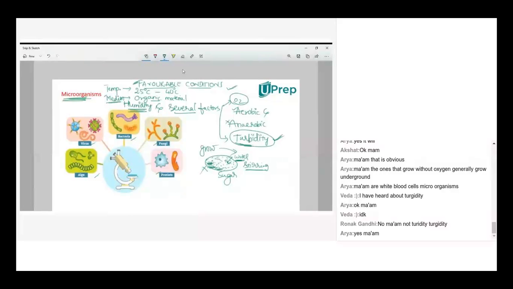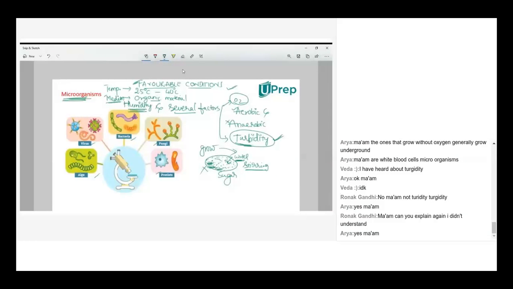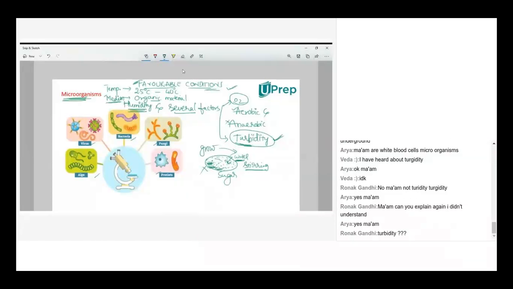The turbidity of the medium is nothing but the organic material which is not useful for the microorganism to grow. So that is another factor which determines the physical condition of microorganisms. So these are various factors which will help microorganisms to grow fast. Remember the word fast. Grow fast means what? They divide and redivide continuously.